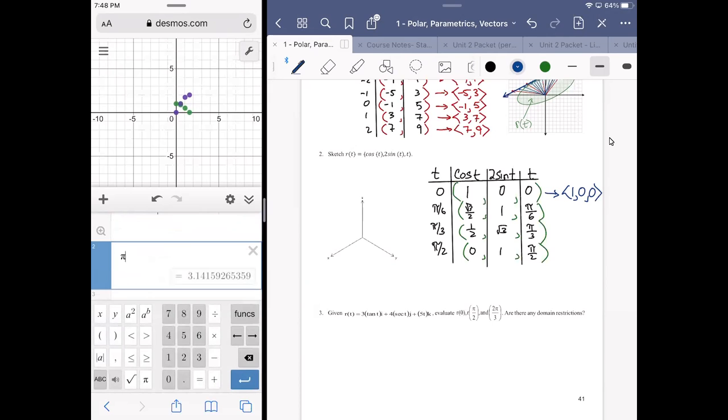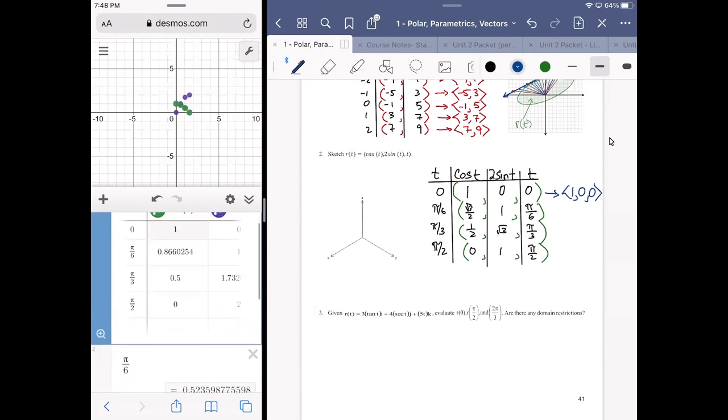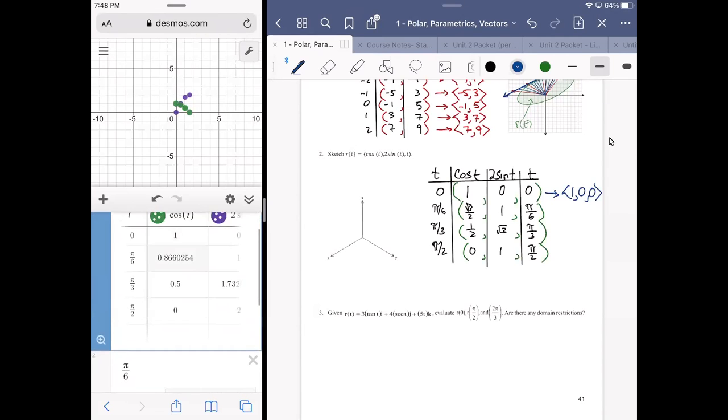So, just off on the side here, pi over 6 is about 0.5-ish. Pi over 3 should be double that, so a little bit over 1. And pi over 2 is about 1.57-ish. So we have these numbers in our pocket so that when we're plotting, we know what we're plotting.